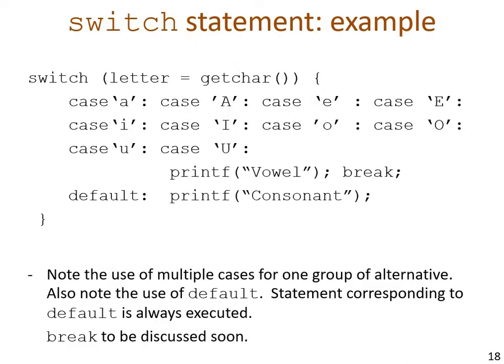So this is the example that we have. letter equals getchar, which reads a character from the keyboard, and then you are comparing that character with multiple values that you have here: small a, capital A, small e, capital E, small i, small o, capital O, small u, capital U, and then you are writing printf. Else, by default, you are saying it is a consonant, and then you are using break over here, which is very powerful.